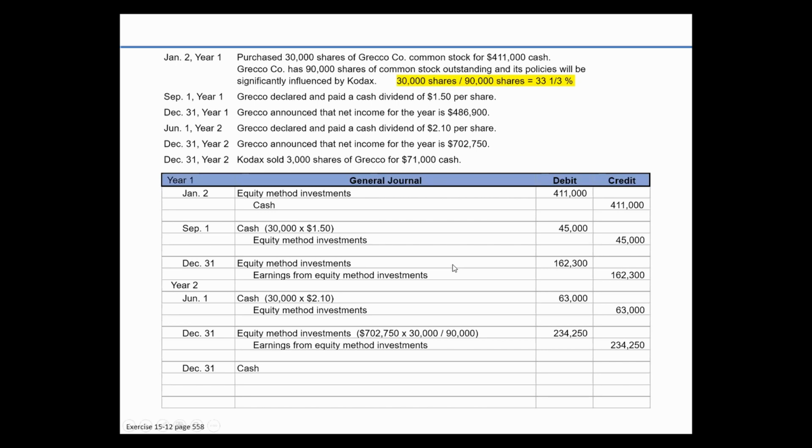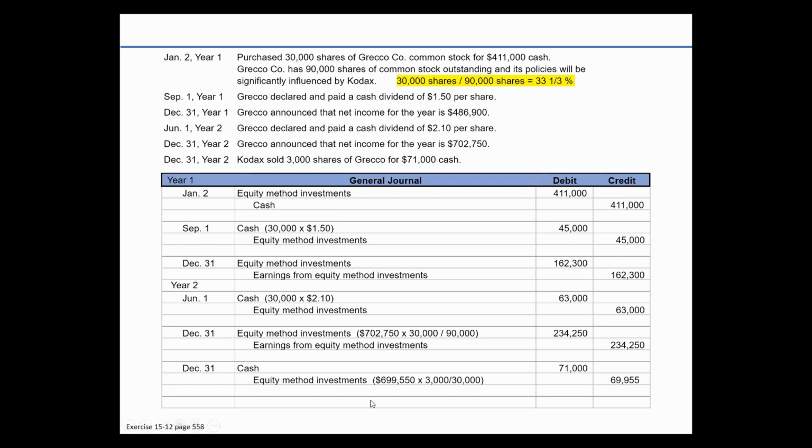So we would have a debit to cash in the amount of $71,000, because Kodak is receiving $71,000 in cash. Then we would have a credit to the equity method investments in the amount of $69,955.